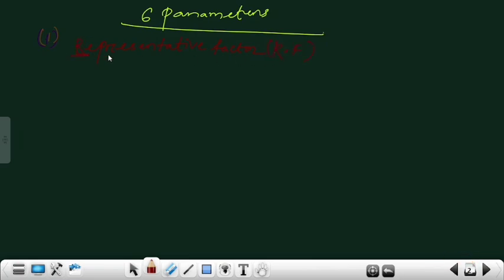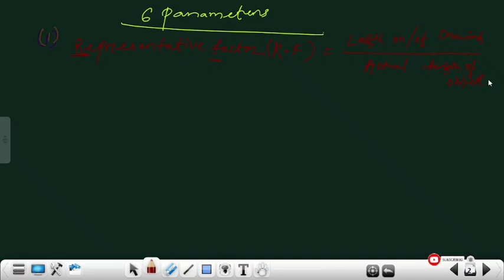So the representative factor, its definition, is equal to the length on drawing divided by the actual length of the object.